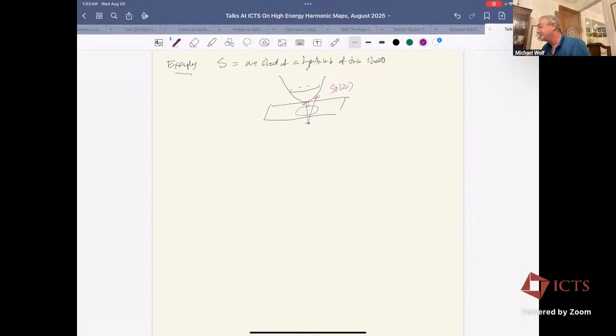So this is picking out an SO21 inside this SL3R. And so when I think about what the image, just say the image under this Blaschke lift to the symmetric space SO3 that I called X is just some copy of hyperbolic space.